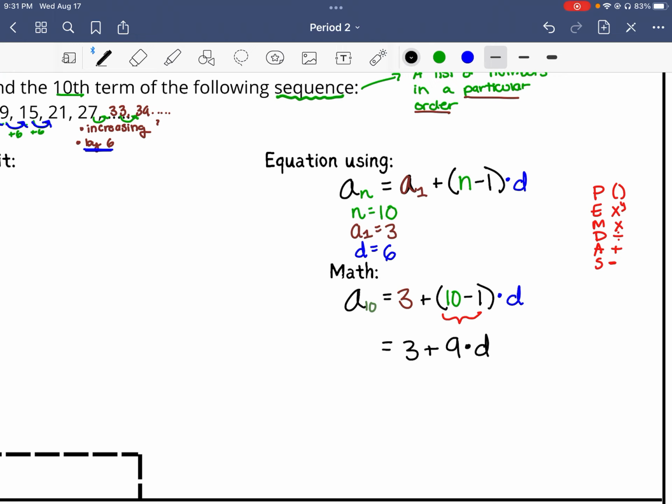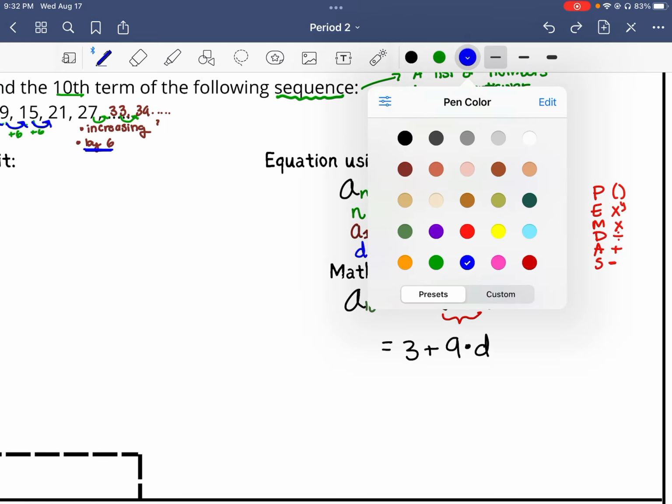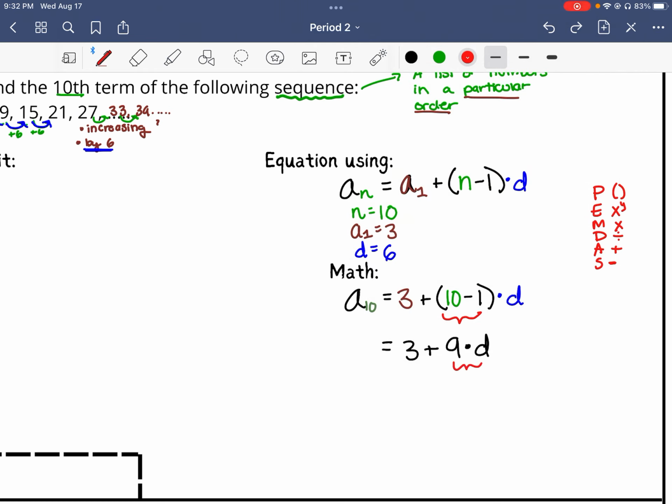All right. Next, either we have multiplication or addition, but if we look here, multiplication comes before addition in our order of operations, so we're going to multiply first. So we have 9 times D, and, oh my goodness, I forgot to write in D. I am so sorry.